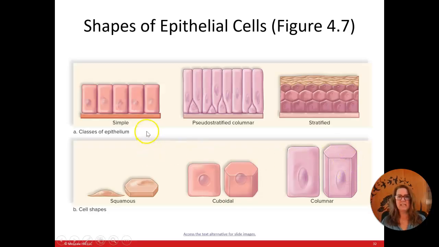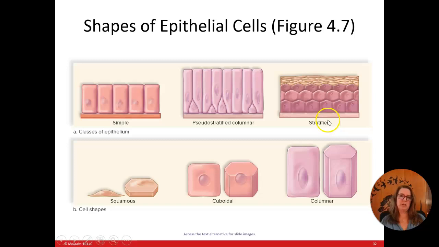Of course, these cells can just be a simple layer. So we have simple cuboidal epithelial tissue in our kidney tubules. We have pseudostratified columnar, so it looks like it's stratified or layered, but it really isn't. It's just kind of cells mushing on top of each other. This is located in your trachea.